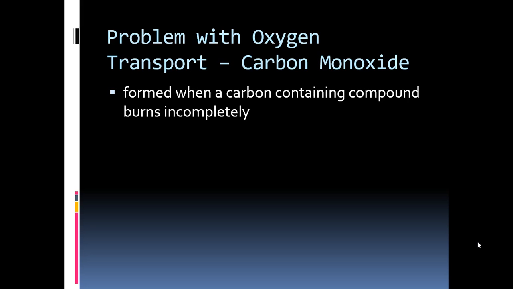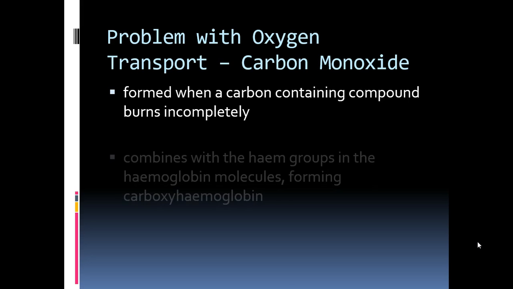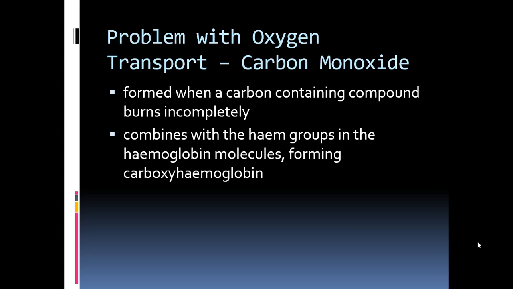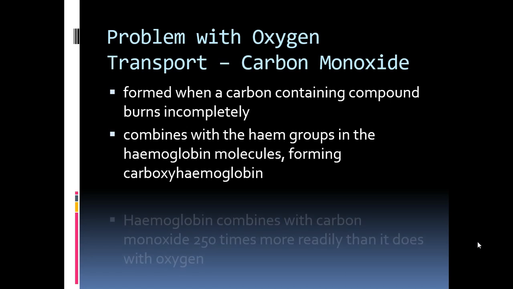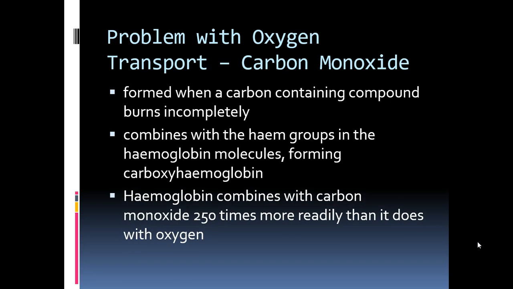The thing with carbon monoxide is that it combines with the heme group inside the hemoglobin to form carboxyhemoglobin. Carbon monoxide combines with hemoglobin 250 times more readily, more efficiently, than oxygen does.